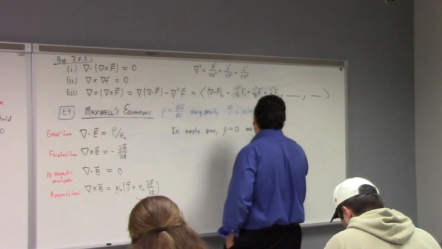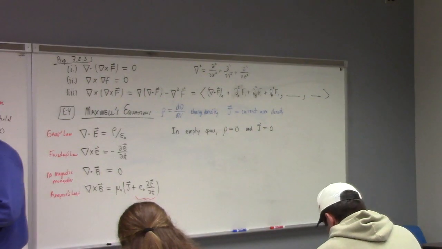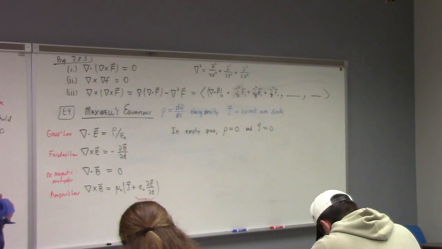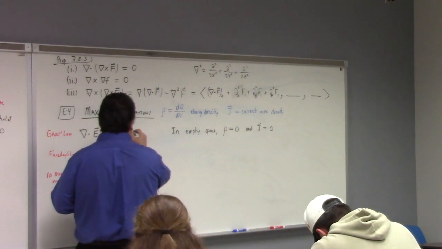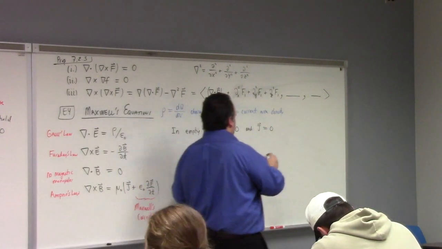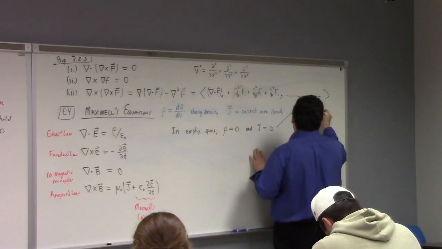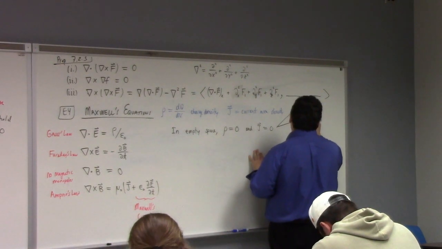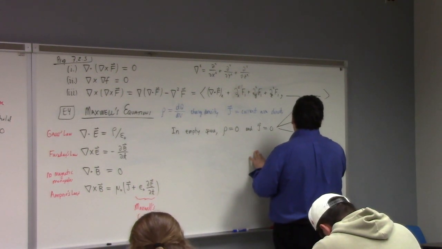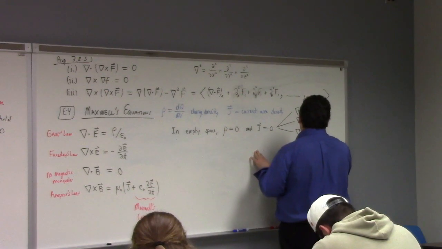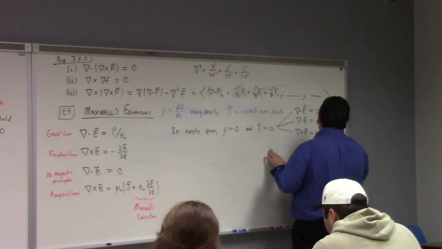There's no current or charge in empty space. So in empty space, we just have the divergence of the electric field is 0, the divergence of the magnetic field is 0, the curl of the electric field is equal to minus partial B partial T, and the curl of the magnetic field is mu naught epsilon naught partial E partial T.